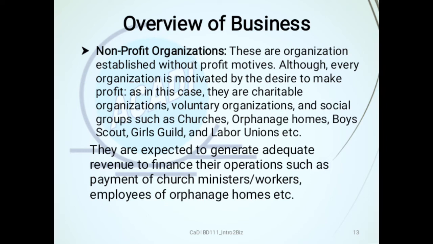In this case, they are charitable organizations, voluntary organizations, and social groups such as churches, orphanage homes, Boys' Scouts, Girls' Guide, and labor unions, etc. They are expected to generate adequate revenue to finance their operations, such as payment of church ministers, workers, and employees of orphanage homes, and so on.